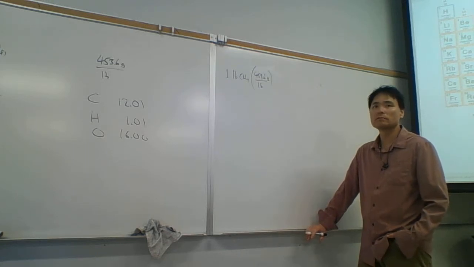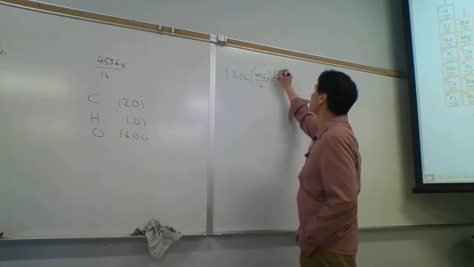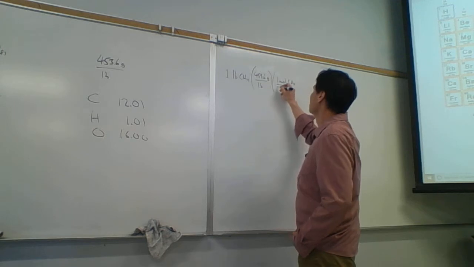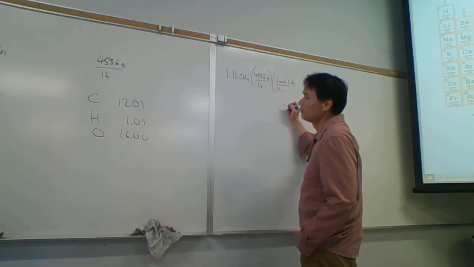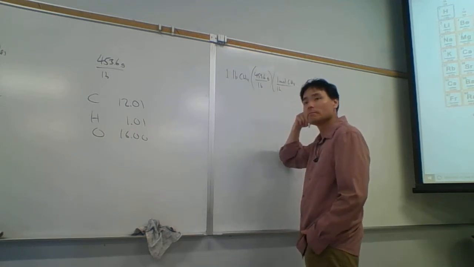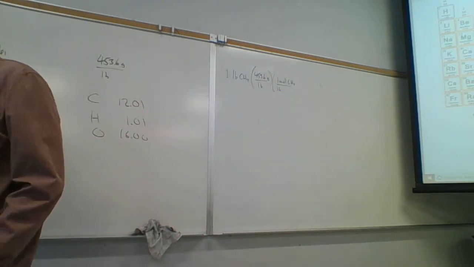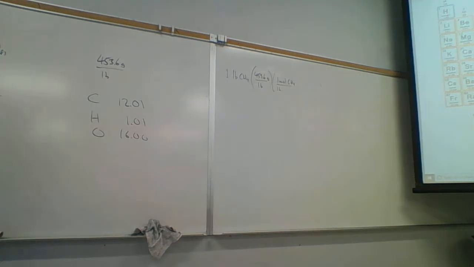And 1 mole of CH4 over 16.33 grams. 16 point what? 33? 16.33. Well, the reason I have these numbers is because when you have simple numbers, you can sometimes do it in your head.